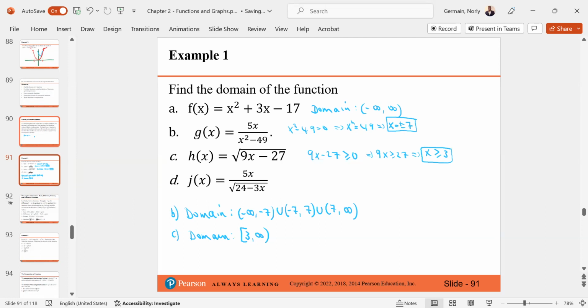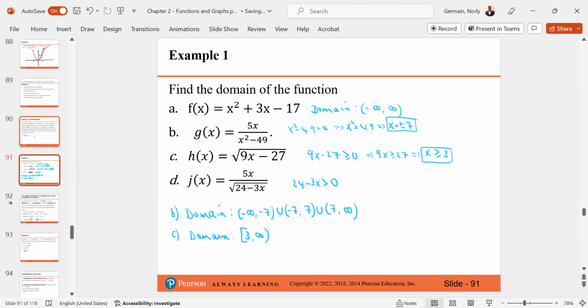So in this case, we know we can take the square root of 0, but you cannot divide by 0. At this point, the denominator, 24 minus 3x, must be strictly greater than 0. Must be strictly greater, not greater or equal to 0, because it cannot be 0.